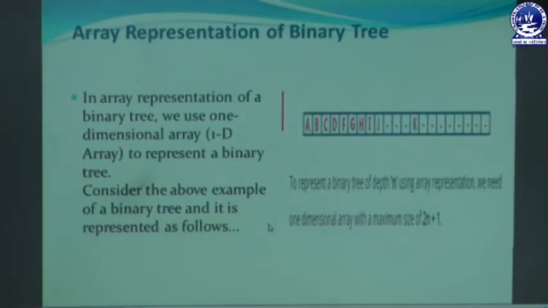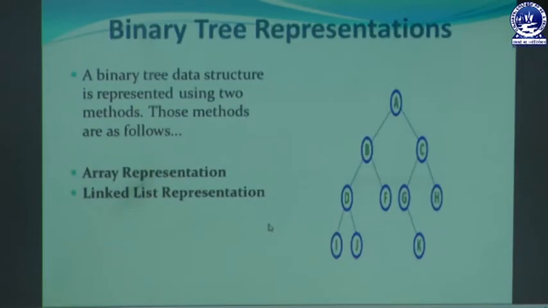We know that in an array the data are stored in consecutive memory locations, and in array representation of a binary tree we use a one dimensional array. So, let us consider this is the 1D array where we will represent this binary tree.